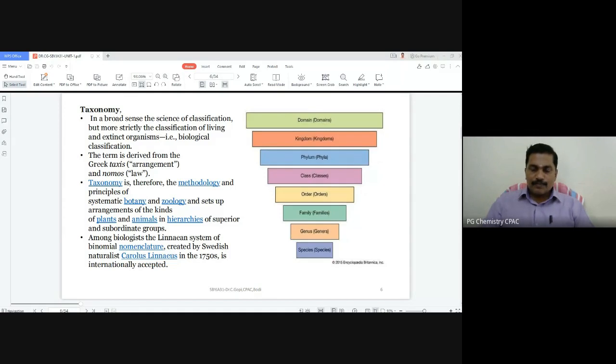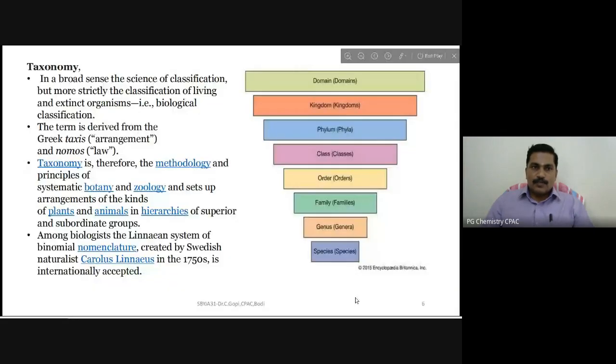Okay. Coming back to this previous class, the taxonomy broad category is domain. A domain is followed by the kingdoms. Kingdoms enclose phyla.